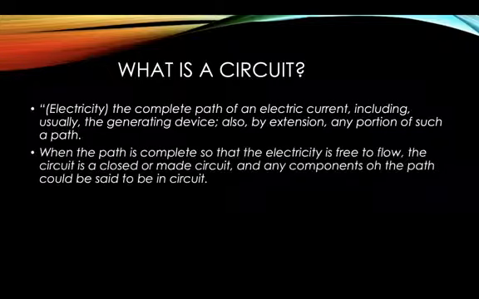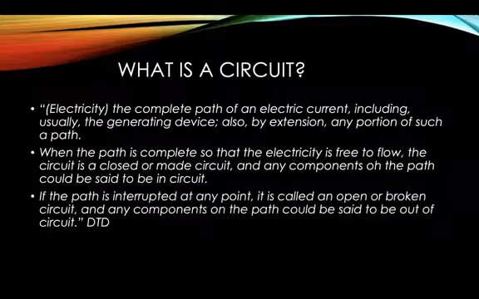When the path is complete, so that the electricity is free to flow, the circuit is a closed or made circuit, and any components that should be on the path could be said to be in circuit. If the path is interrupted at any point, it is called an open or broken circuit, and any components on the path could be said to be out of circuit.